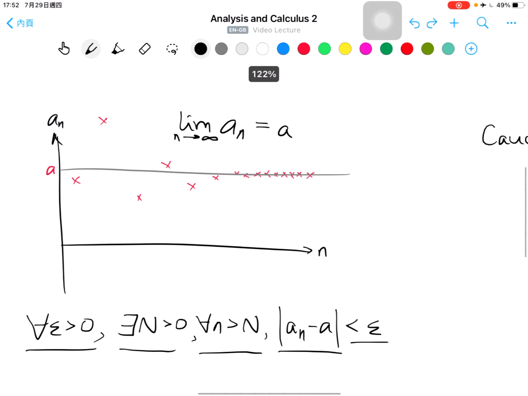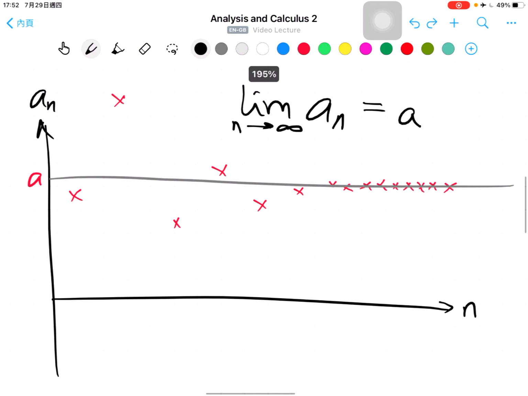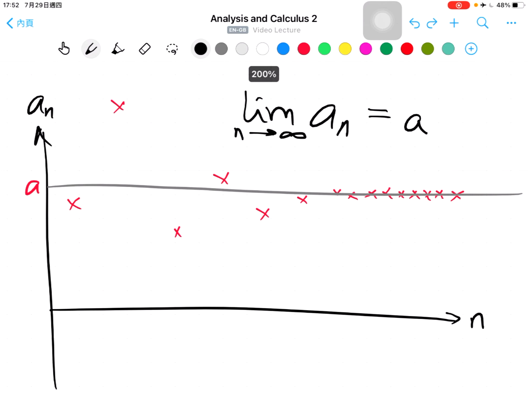So Cauchy says that if we have a sequence that converges, then when we dump the first n terms, the rest of the terms are going to be very, very close to each other. No matter how you pick the index, any two from the rest of the terms are going to be very close to each other for the limit to exist.